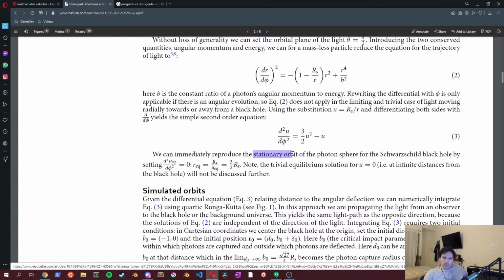So stationary orbit means it's not speeding up or slowing down, with respect to this phi component. So that's why, if we set this equation equal to 0, we'll be able to solve for that stationary orbit. When you set this equal to 0, you get rid of one of the u's, and then you get that u is 3/2 rs. How about that?